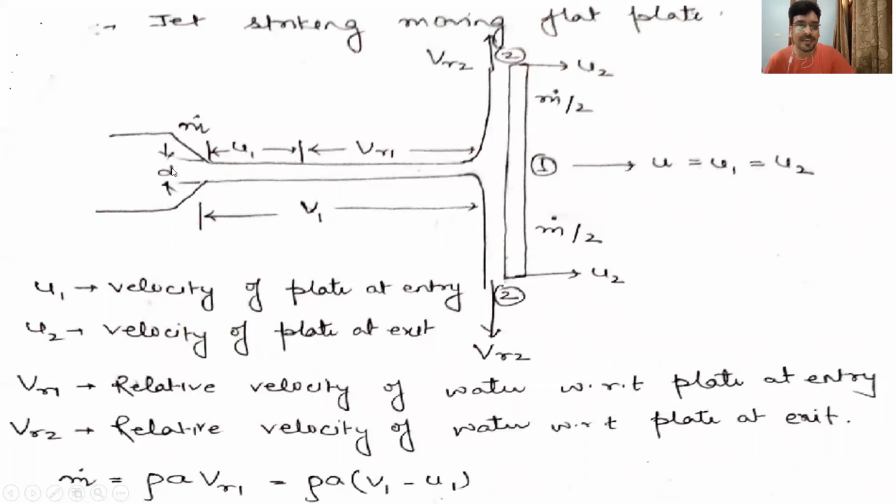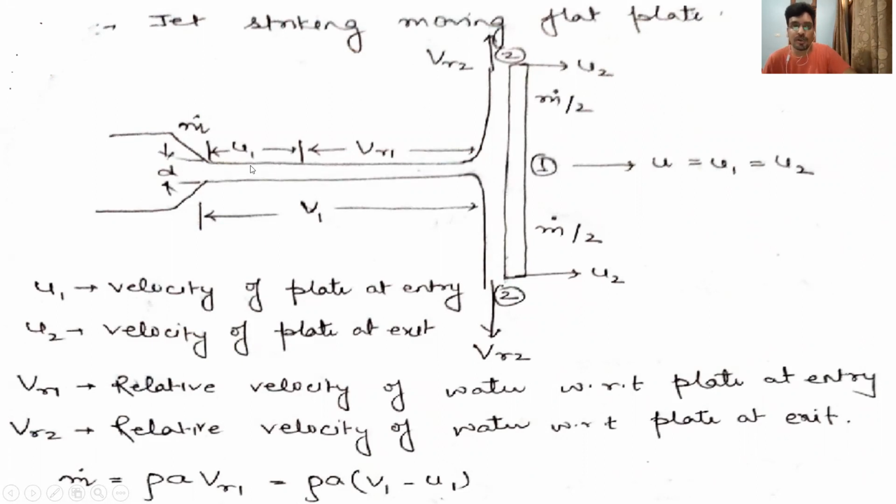So, let D be the diameter of the nozzle through which the jet is coming out, and V1 is the absolute velocity of the jet that is striking the moving plate, and it is moving with the velocity u.